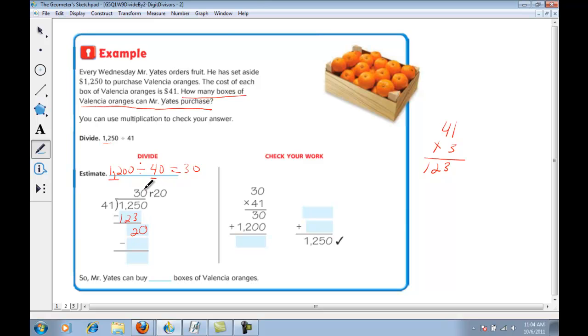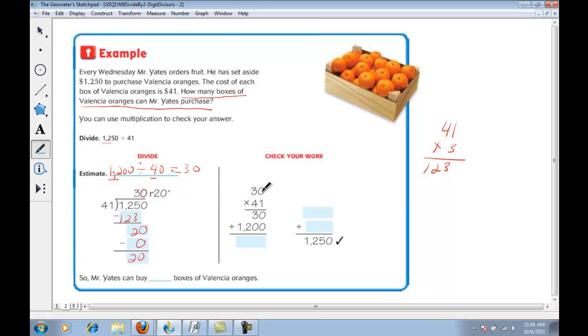No, I can't. So I need to put a 0 here, saying I'm not going to be able to make a group. So 0 times 41 is 0. None of those ones have been put into groups, which means I have 20 ones remaining. So my quotient is 30, remainder 20.